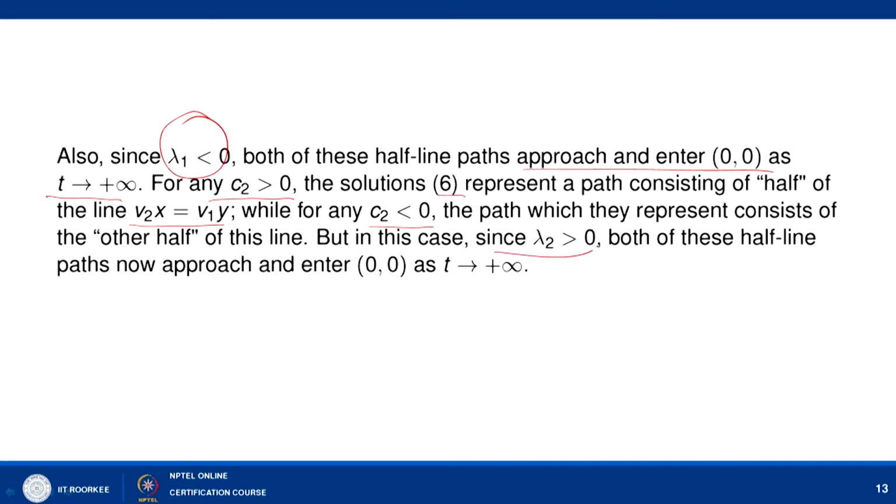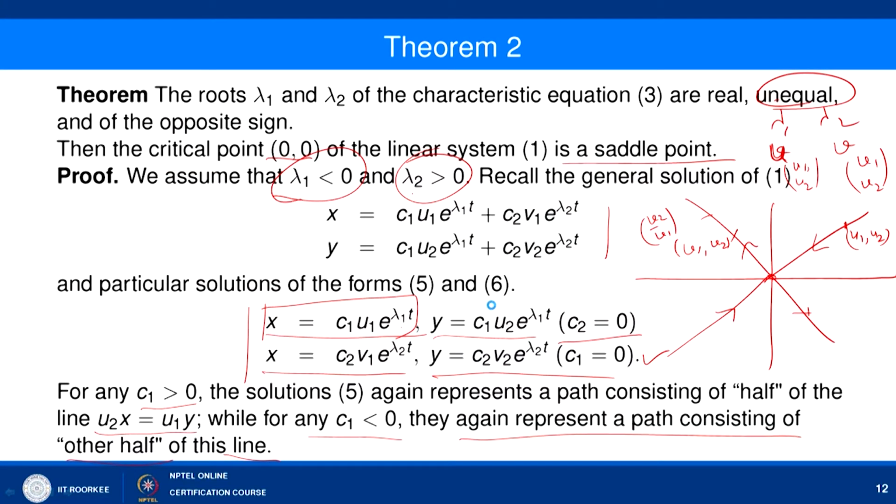But in this case, since lambda 2 is greater than 0, both of these half-line paths now approach and enter (0, 0) as t tending to minus infinity, right. So as t tending to infinity, they are moving away from the origin. So we are putting it like this.